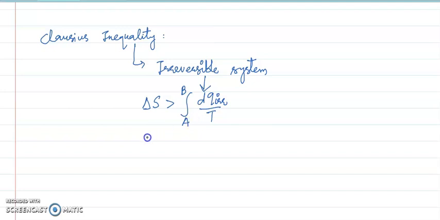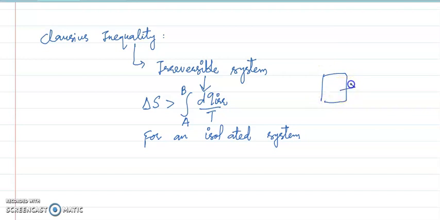Okay, but if we take now an isolated system, for an isolated system no heat will be exchanged, no matter will be exchanged, so you can simply write dq irreversible will be equal to 0.